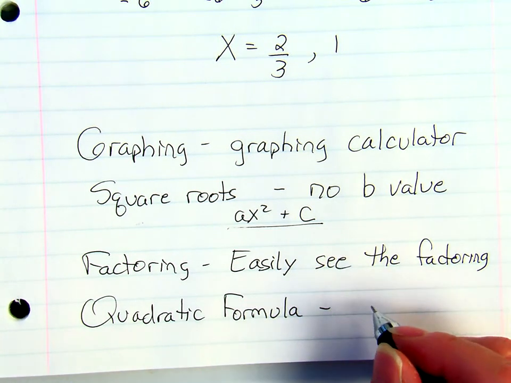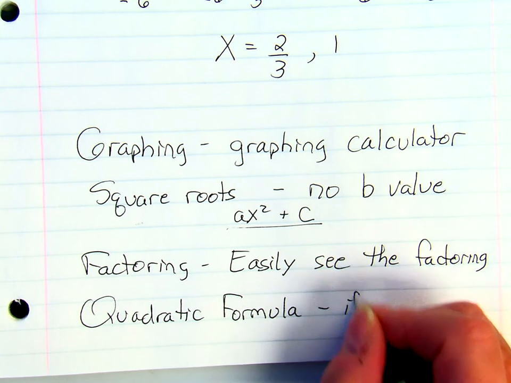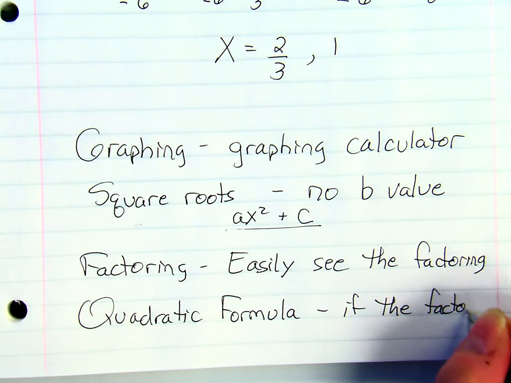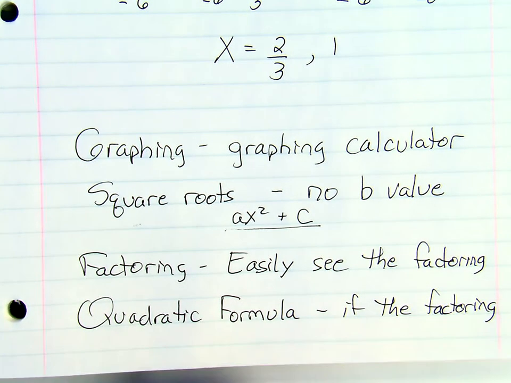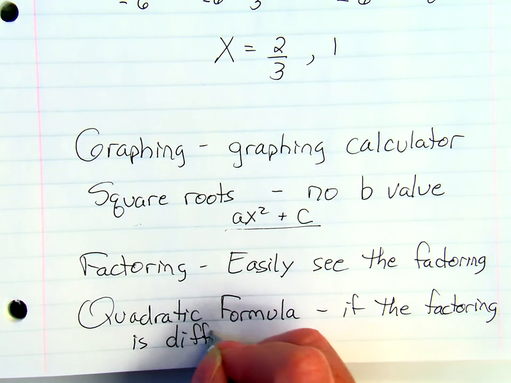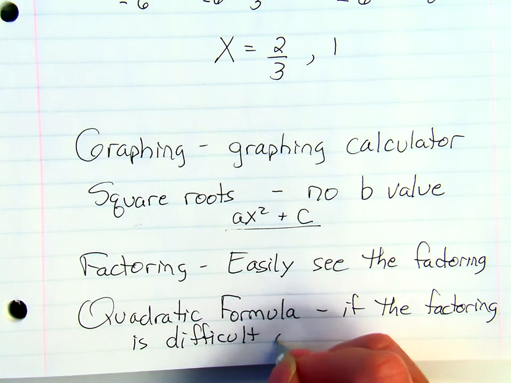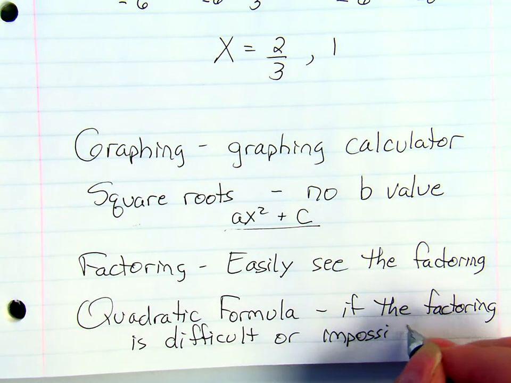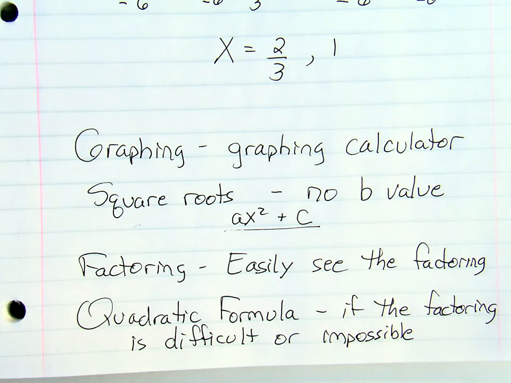Okay, so if the factoring is difficult or impossible, and sometimes that happens, use the quadratic formula. All of this is just to make the graphing of that parabola a little bit easier.